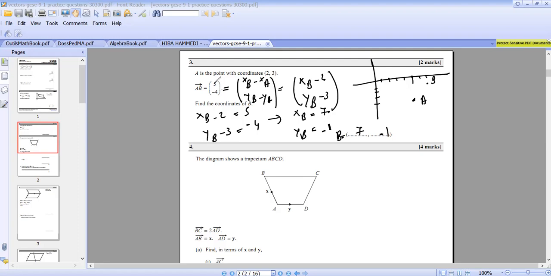It means that to go from A to B, I need to go 5 to, wait a minute. The coordinates for A are (2, 3). So I put the point A in the wrong place.